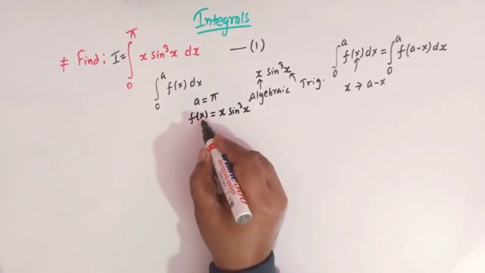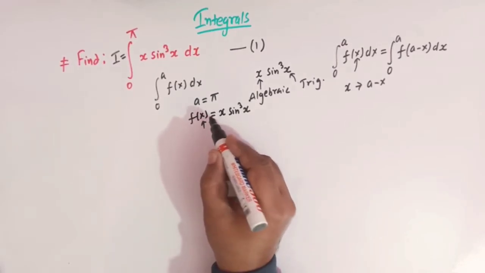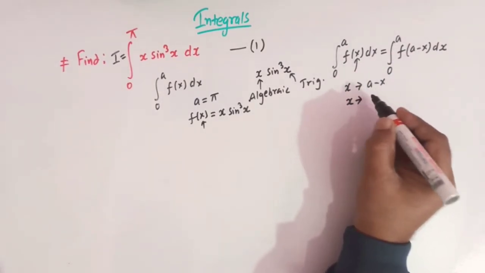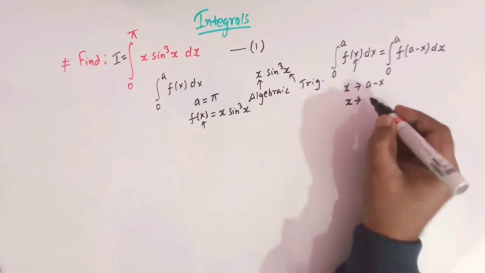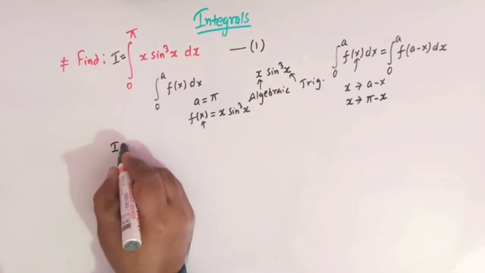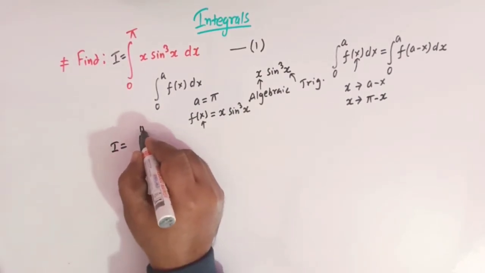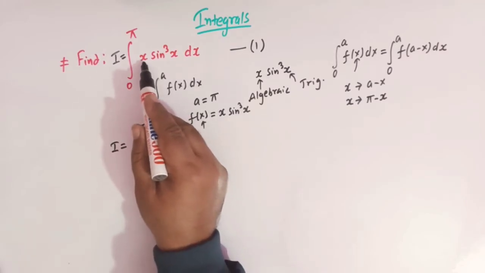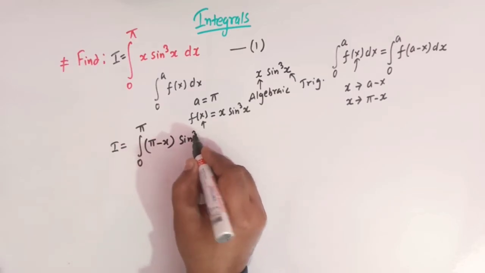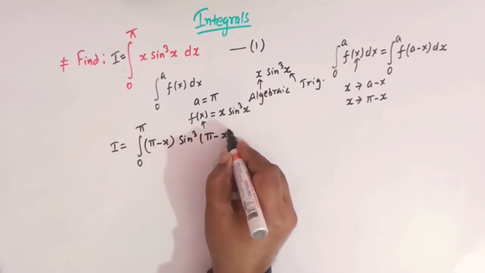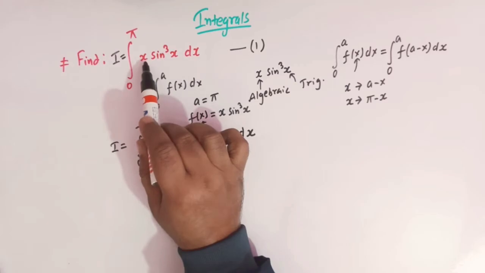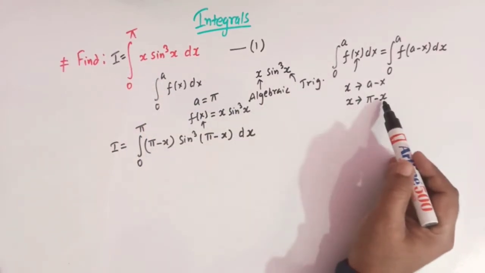So we replace x by a minus x, that is, x by pi minus x. Our next step is I equals the integral from 0 to pi of pi minus x times sine cube of pi minus x. Wherever we have x, we replace x by pi minus x.